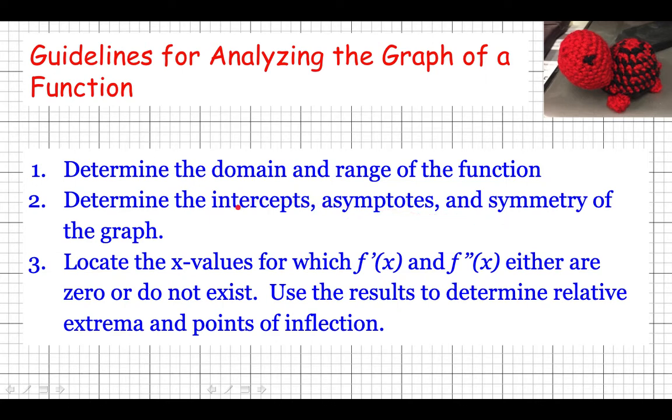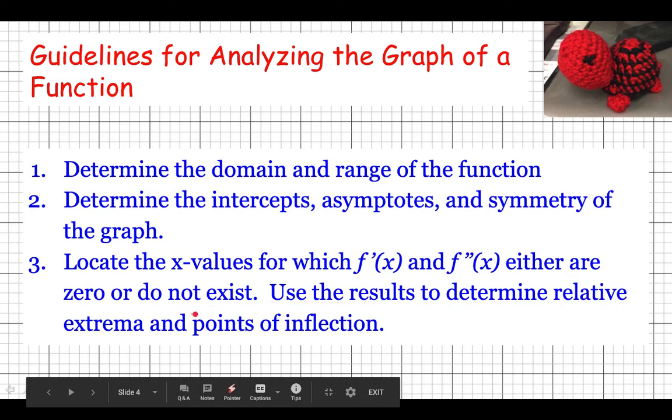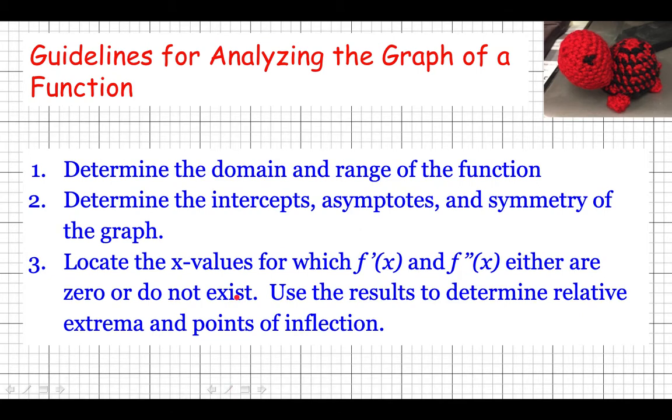Symmetry of the graph can sometimes help us. Then we'll look for the first and second derivatives. Look for your critical points. Look for your possible inflection points. Use them to determine your relative extrema, your points of inflection, and your concavity. And then we can sketch things in. That's pretty much the gist of this lesson.